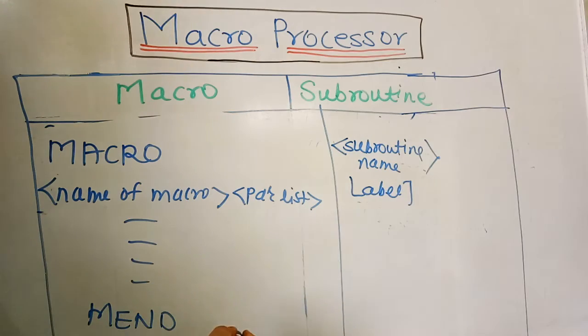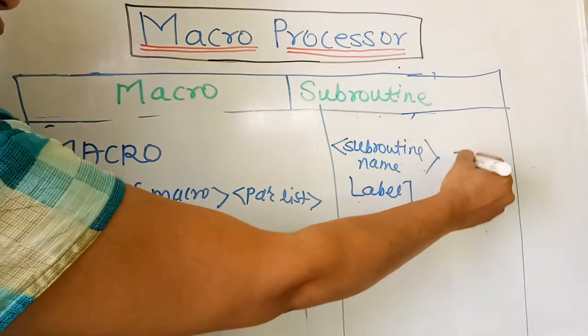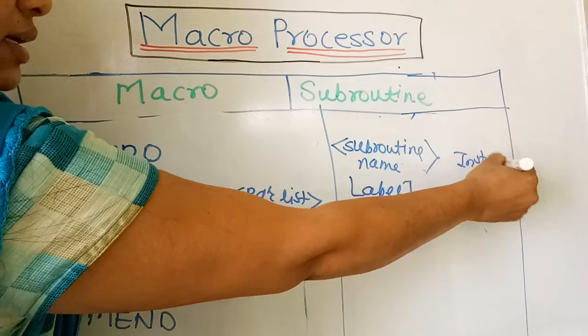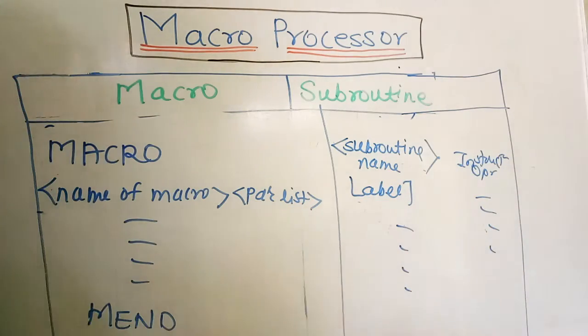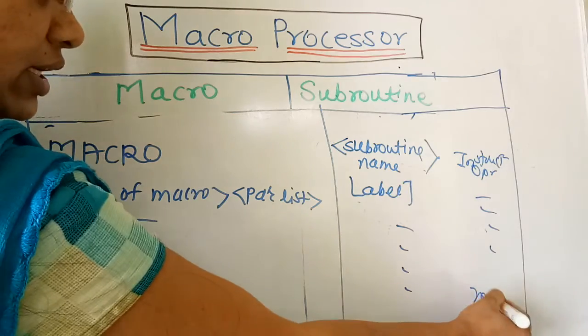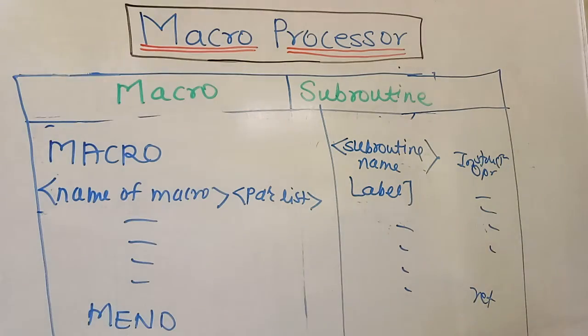Different labels you have to give. Then the instruction operand, and then you have to return at the last. So this is the basic difference between the definitions of the macro and subroutine.